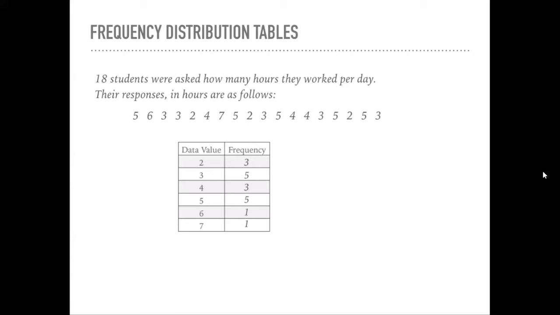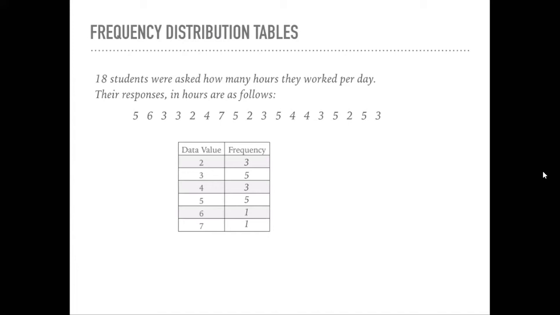But what if there was a data set that had 100 data values in it and there was 20 different values that things assumed? So each of the values would occur a few times, but there's 20 separate data values that our data could be. It wouldn't be very organized or do us much good to look at it if we organize it like this.